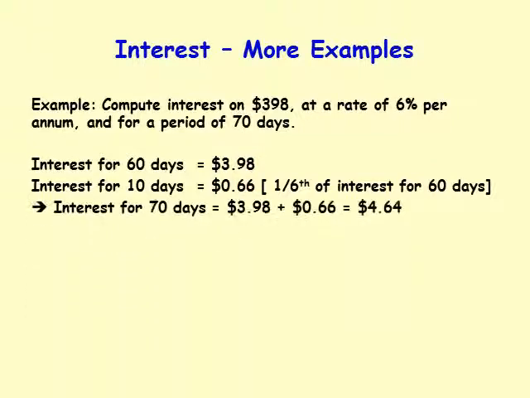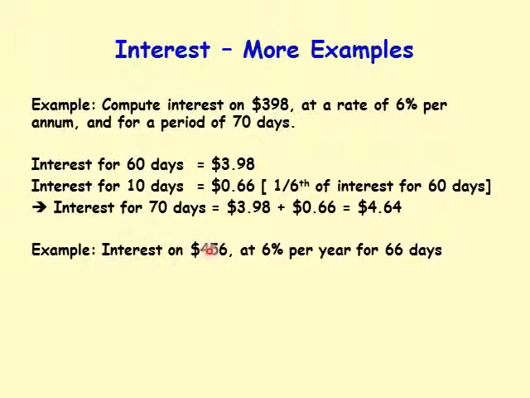Interest for 70 days: I'm going to add these two terms, 60 days, $3.98, and 10 days, 66 cents. So we add $3.98 to 66 cents and I have a result of $4.64. So for 60 days it was $3.98 interest, and for 70 days the interest is $4.64. Let's continue here.